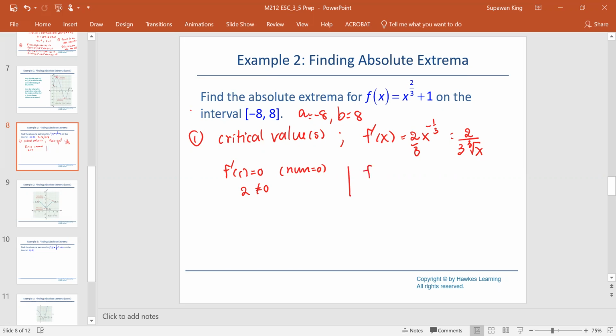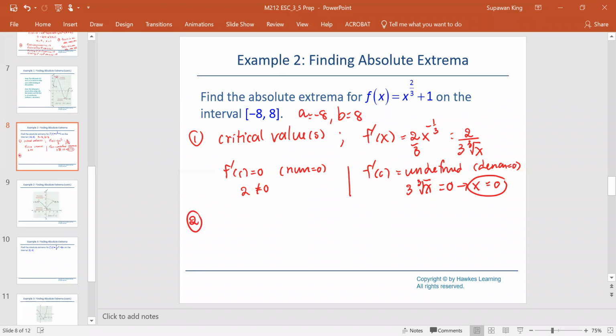The next case, f prime at c is undefined. For the undefined case, we look at where the denominator equals 0. In this function, the denominator of f prime of x is 3 times the cube root of x, which equals 0 at x equals 0. Therefore, we get x equals 0 as the critical value for this function.